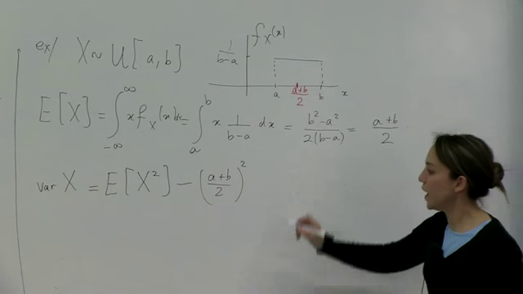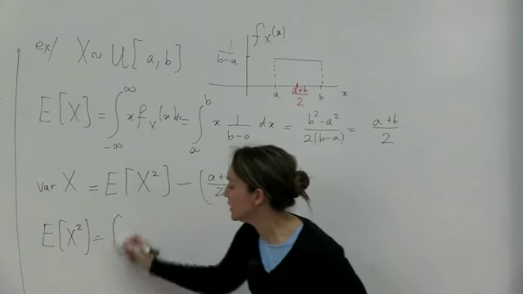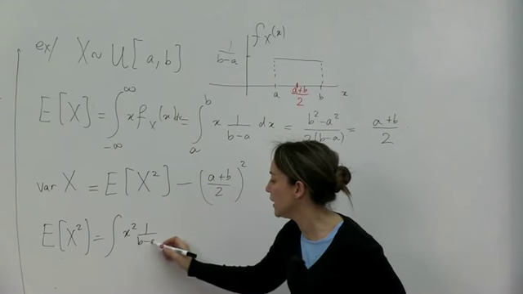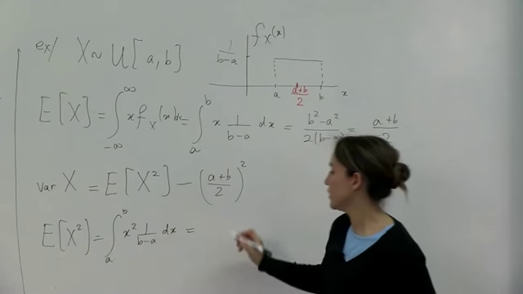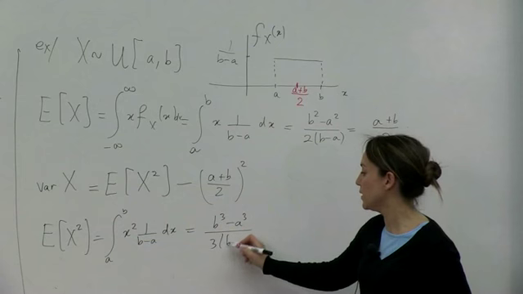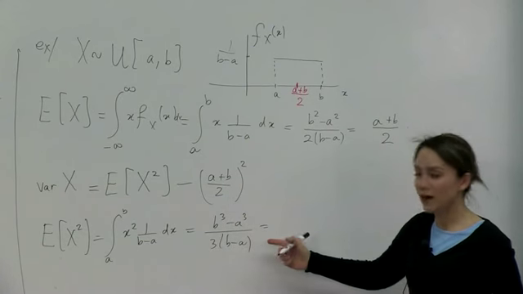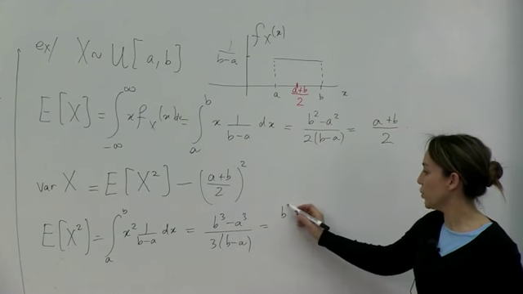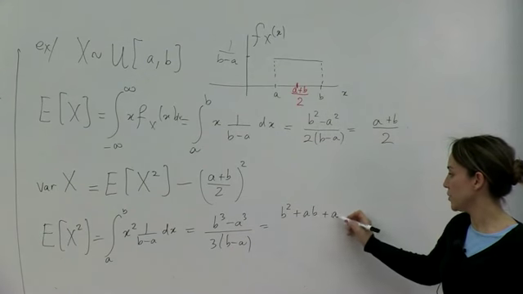So, the expected value of x squared is the integral of x squared times 1 over b minus a dx from a to b, which is (b cubed minus a cubed) over 3(b minus a). Well, b cubed minus a cubed factorizes into (b minus a) times (b squared plus ab plus a squared).